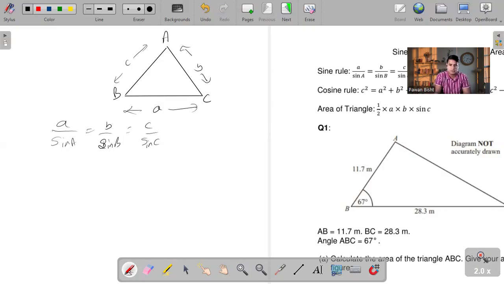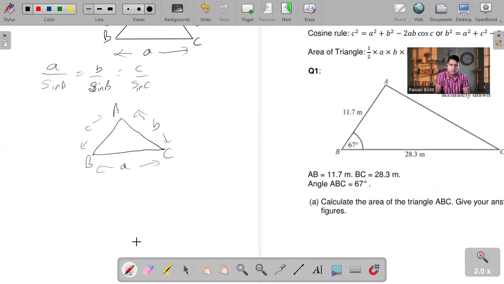Next, cosine rule. Suppose the same triangle ABC is there, the side opposite to B is small b, the side opposite to A is small a, and the side opposite to angle C is small c, right?